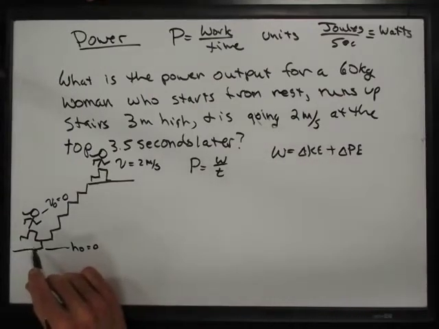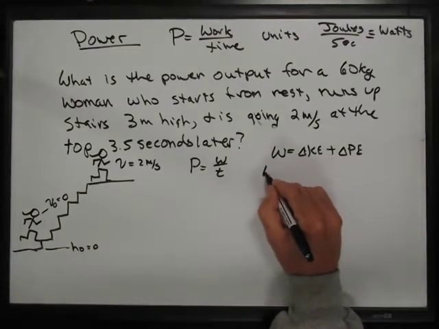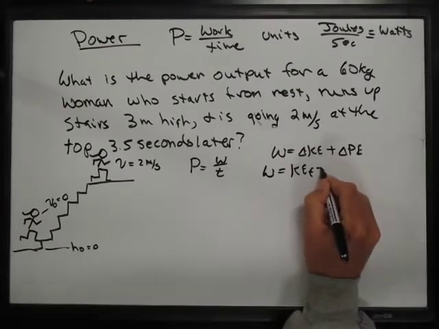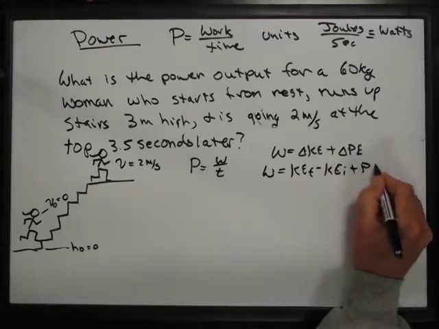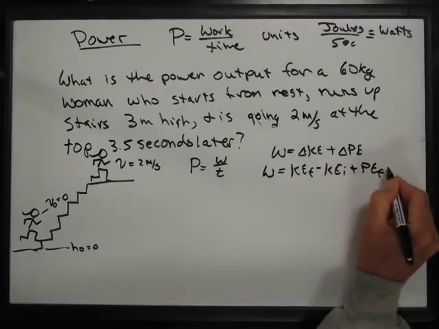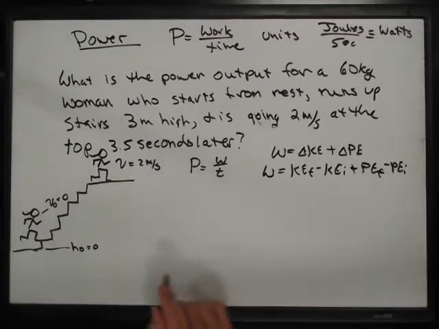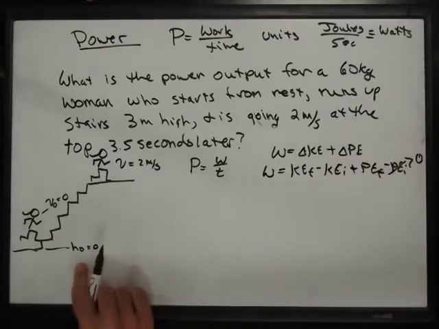So this person's kinetic energy changes and her potential energy changes. So if I want to figure out what the work is, I have to say it's KE final minus KE initial plus PE final minus PE initial. And so I can say, look, my initial potential energy is 0 because I picked the height at the bottom to be 0 like I've been doing.